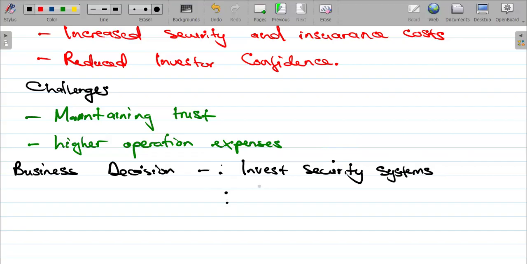And also the businesses are supposed to implement internal controls, right? So that there will be security at work, right?